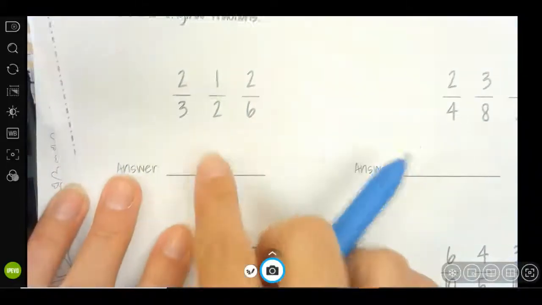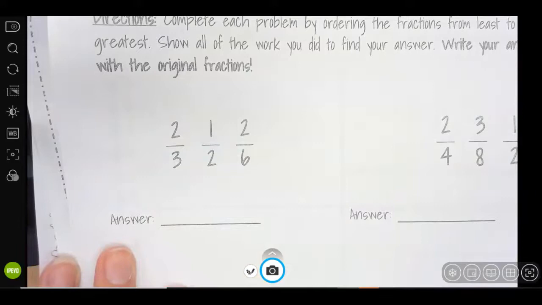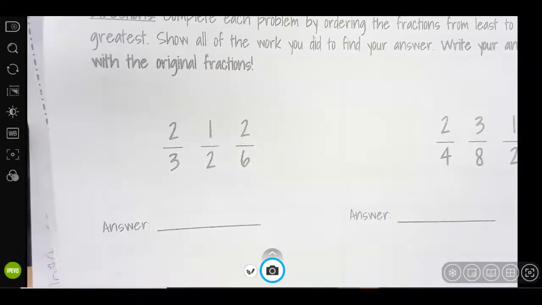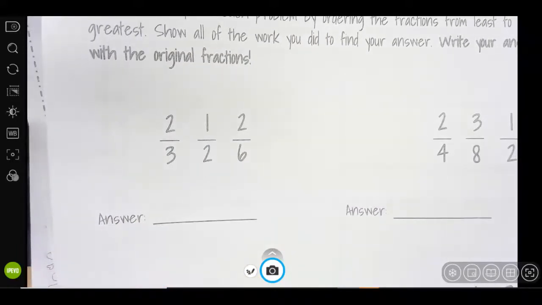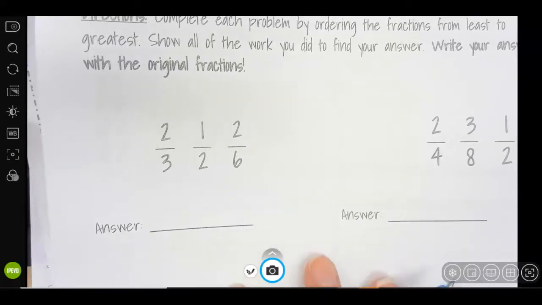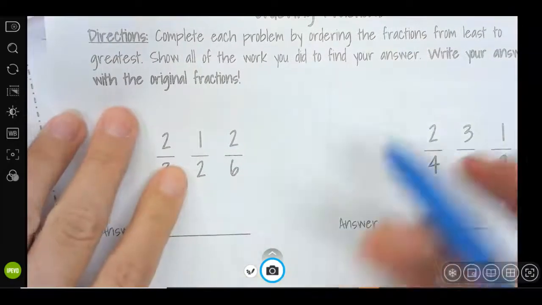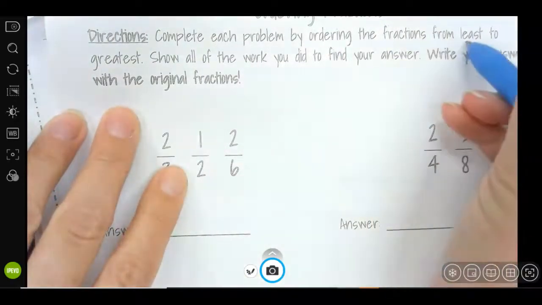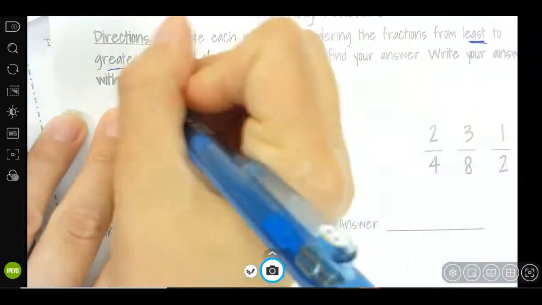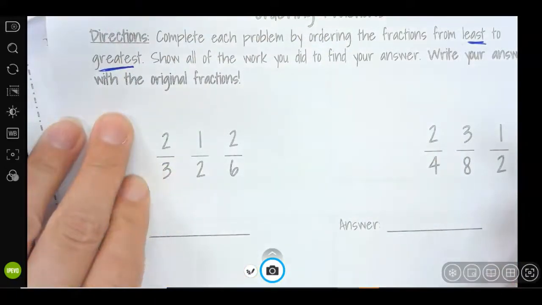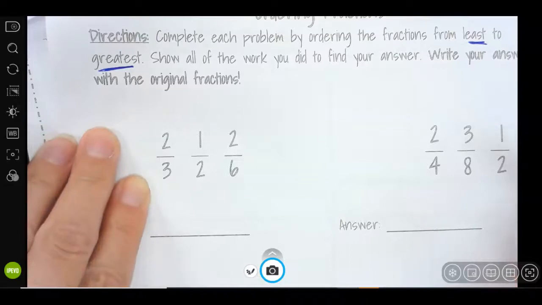All right, flip over to this page here. What we're doing is we're taking these 3 fractions and we're going to put them in order from least to greatest, okay? So it's the same kind of strategy. You have to find a common denominator.